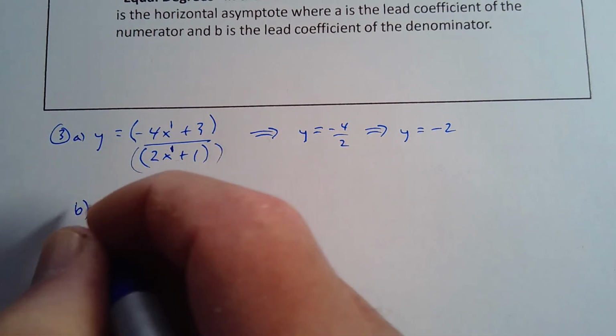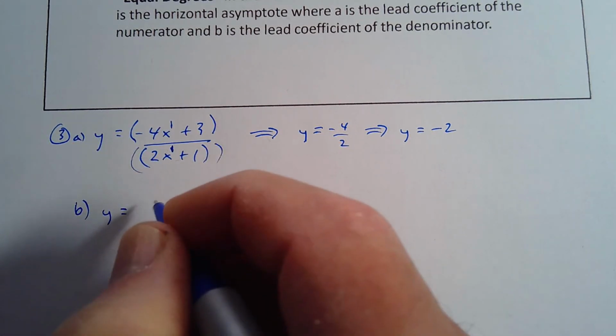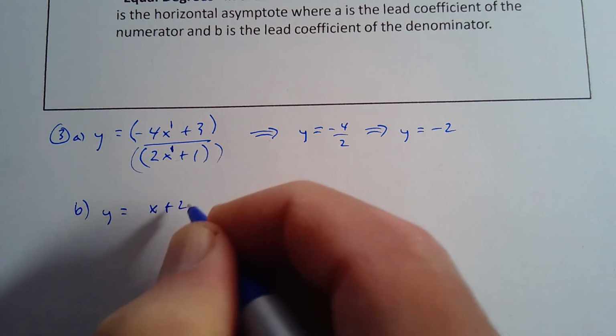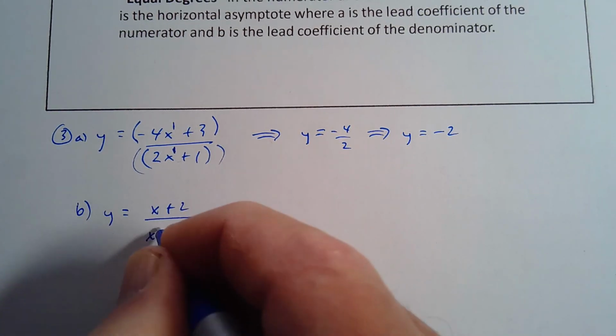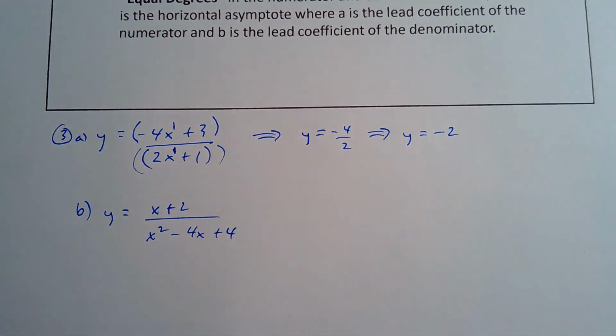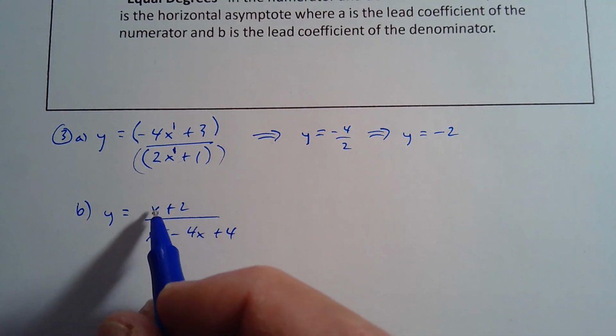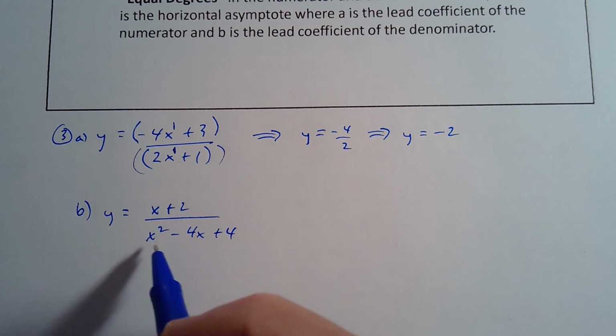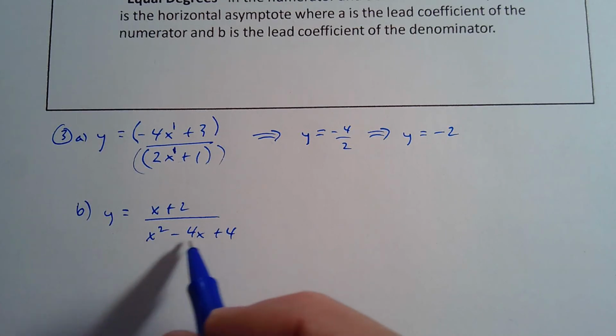Here's the next one. What if it was y equals x plus 2 on the top and an x squared minus 4x plus 4 on the bottom? This one now, I could figure out that I've got a vertical asymptote down there.